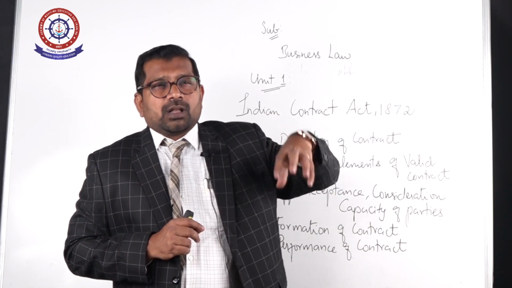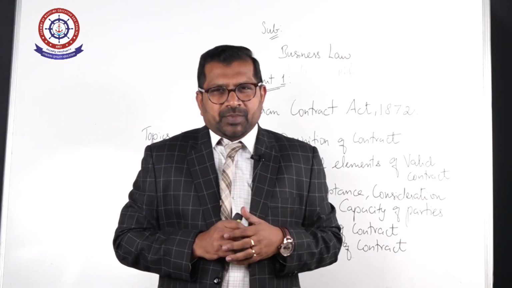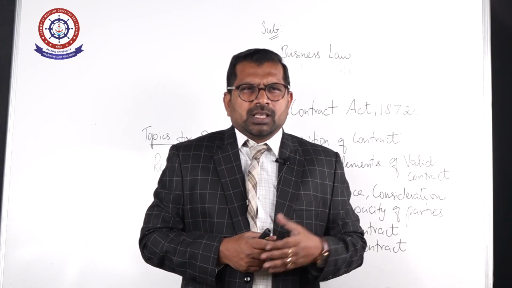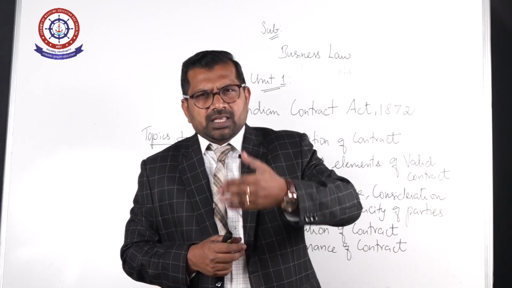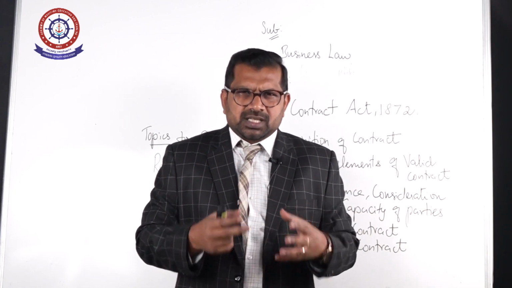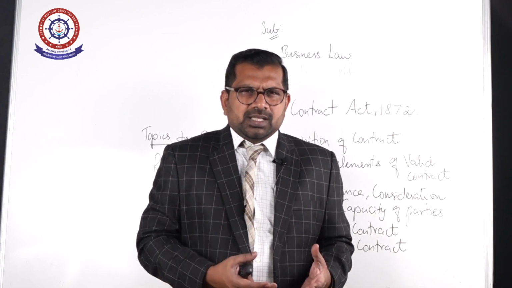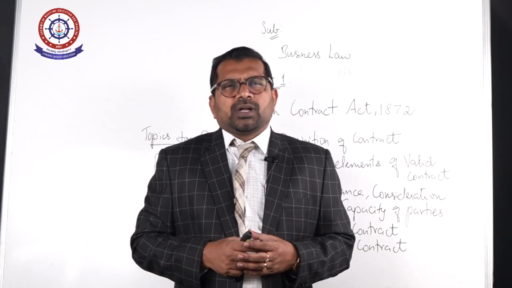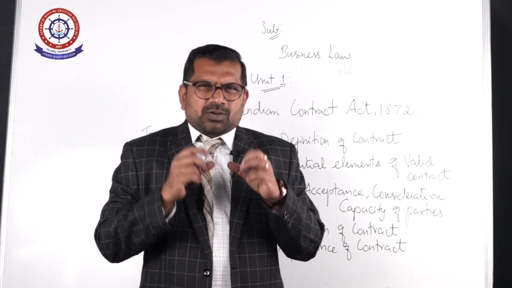So here the law imposes a duty on B. There is no contract between A and B. As I told you, a person shall not be allowed to enrich himself at the expense of the other party, on the principle of equity and justice. Even though B mistakenly used the goods, he is under obligation to pay the compensation to A. It is called what? A quasi-contract.